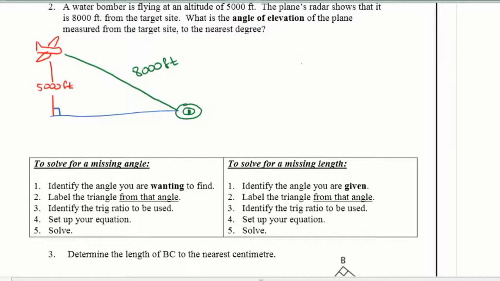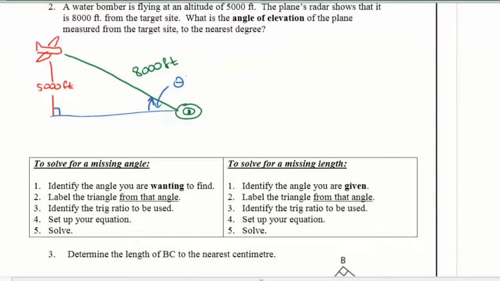The angle of elevation is the angle measured from the ground up. That's called the angle of elevation. And because we don't have any letters for our triangle here, we'll just call this angle theta, which is just a Greek letter, usually holds the place of an angle.